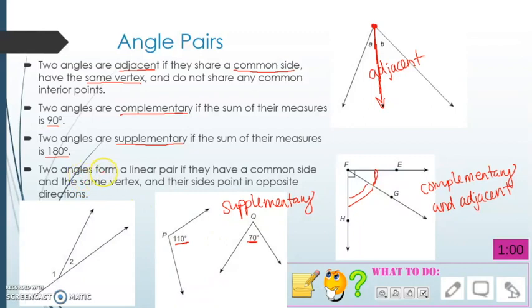And two angles form a linear pair if they have a common side and the same vertex, and their sides point in opposite directions. So that means that a linear pair is supplementary and also adjacent. Okay, we'll abbreviate adjacent with ADJ.